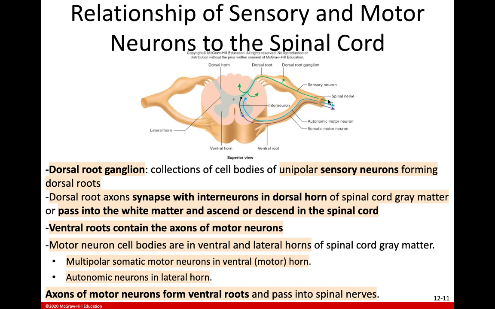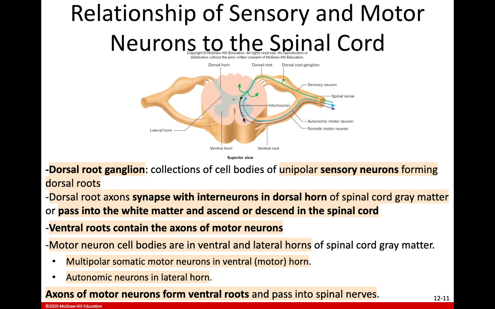So you have a stimulus, maybe you are getting close to a hot pot. Those unipolar sensory neurons send that information down this sensory neuron in this dorsal root. It synapses with an interneuron in the spinal cord. And then it is processed, it is integrated, and then the information is sent along motor neurons in the back out for a response.